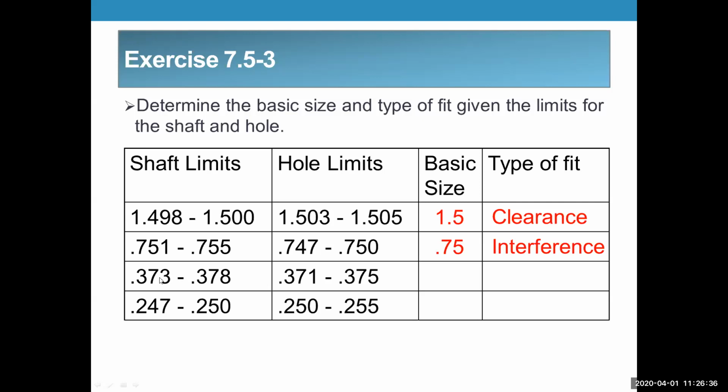Now I look at my smallest shaft and my largest hole. That's 2 thousandths difference, and the shaft is 2 thousandths smaller than the hole, right? So this should be what type of fit? On the one hand, I've got interference. On the other hand, I have clearance.